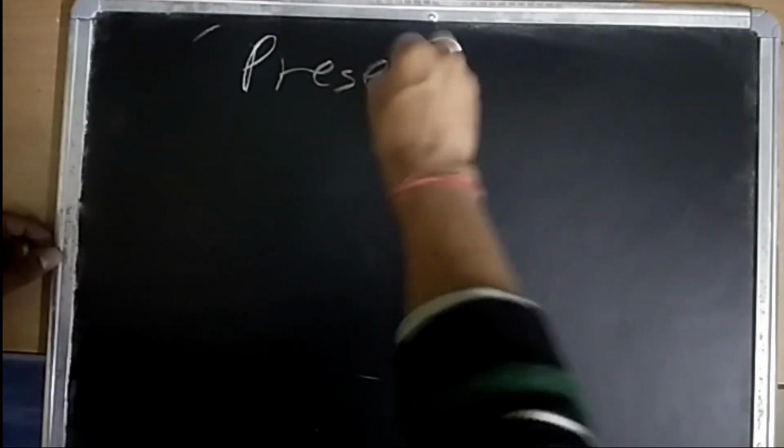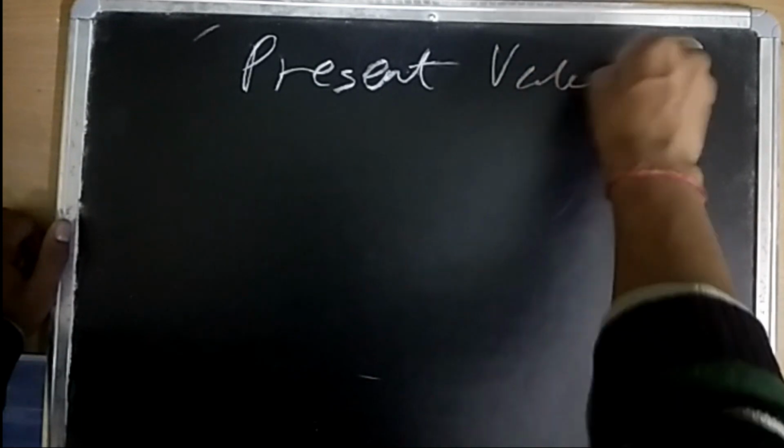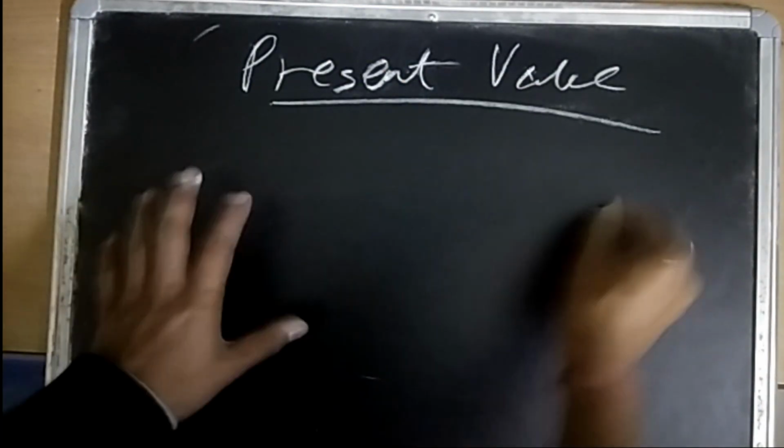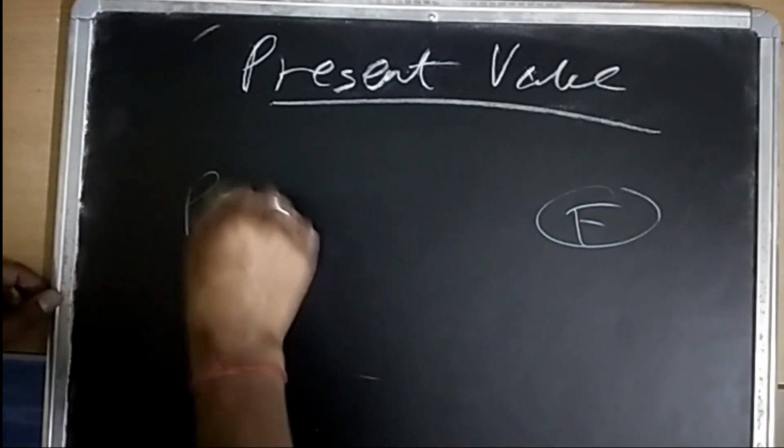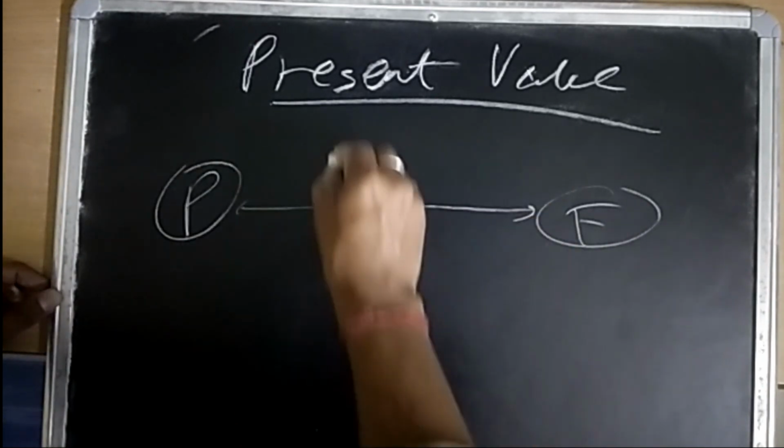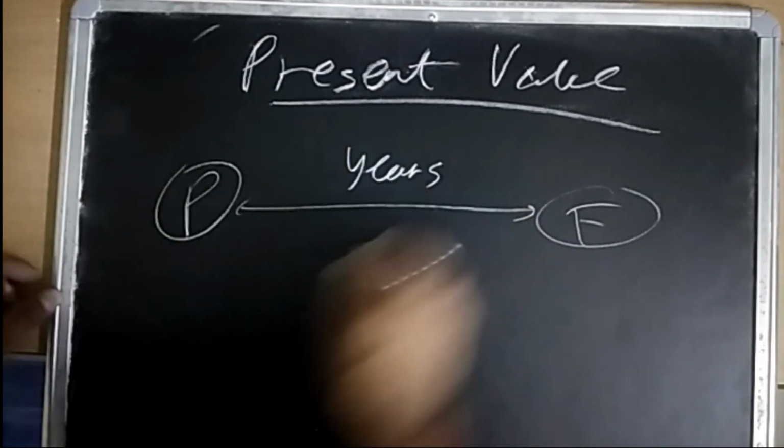while the present value, to get the present value of a future amount, so future and present, and this is the plant operation years, plant life.